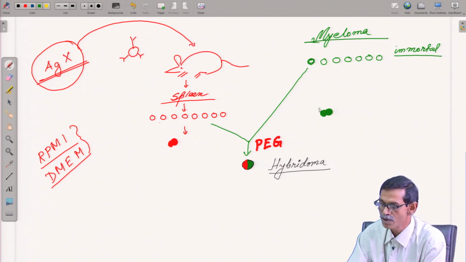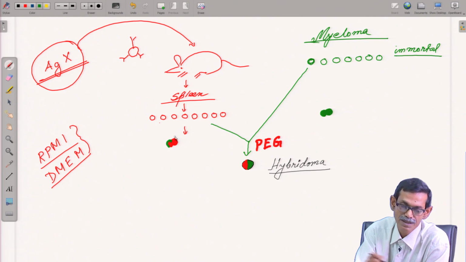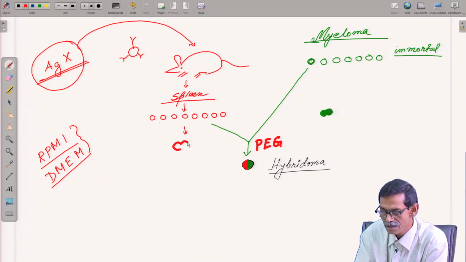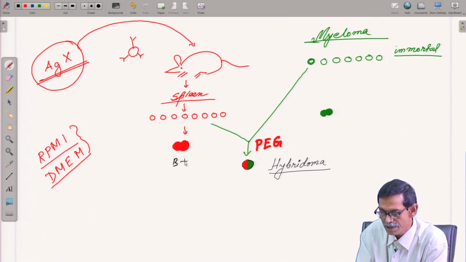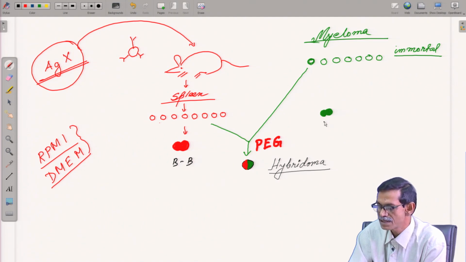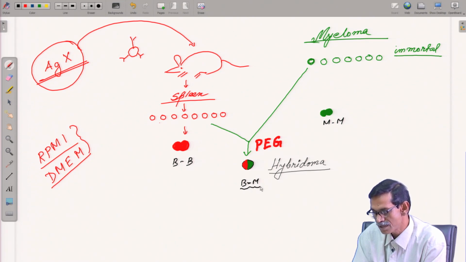They will make both fusions: many B cells fused together, like B cell fusion. So this is BB fusion, and this is myeloma fusion, and this is B cell and myeloma fusion, and we want this.